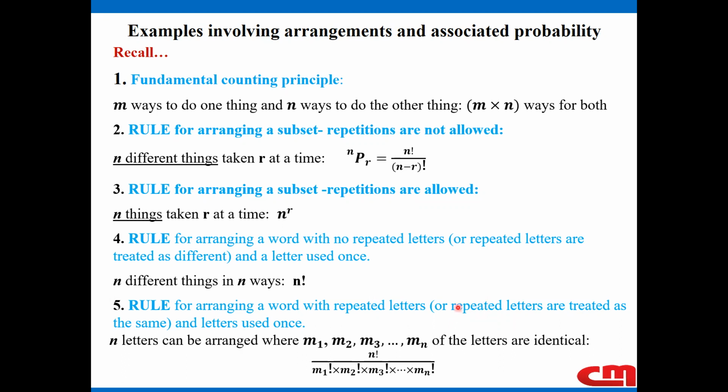Therefore, I arrange them in 3 factorial ways. So this is why we say m1 factorial. Then the same can be said for the other repeating letters. So it is important also to understand exactly what is taking place so that at the end, everything will be simple to deal with. Okay.